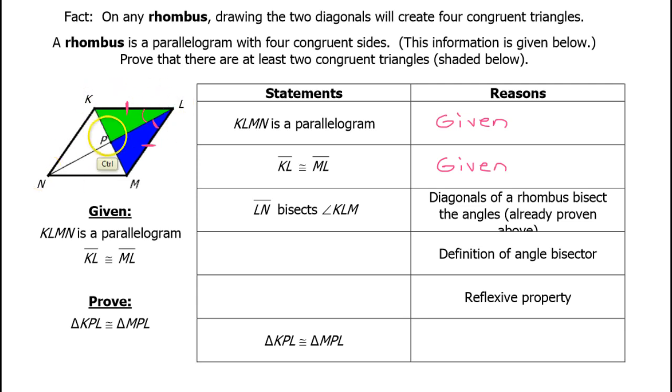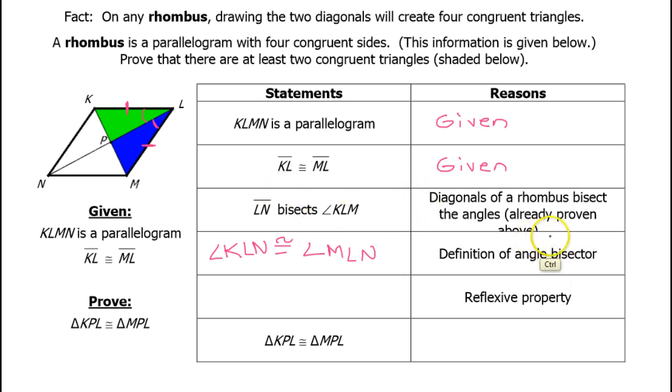I could have said KLP, but I'm going to say KLN, is congruent to angle MLN, because that's the definition of angle bisector.